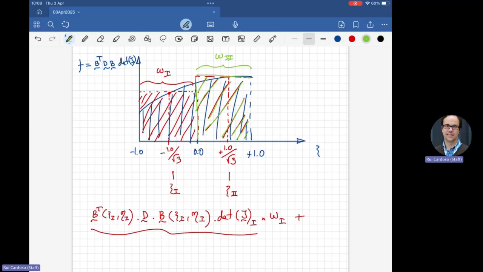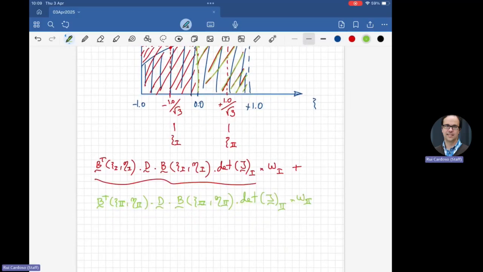So I add my BT now evaluated at my point number 2, times D times B, times determinant of my Jacobian at point number 2 times W2.